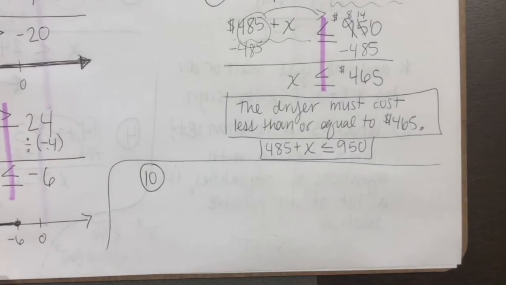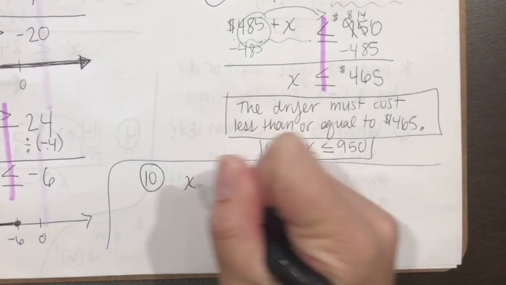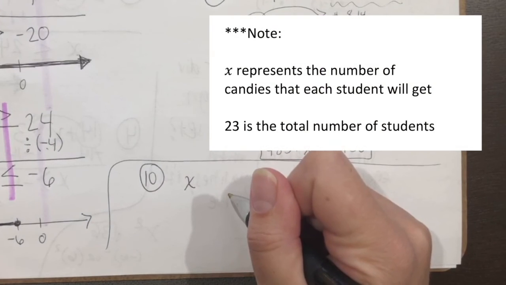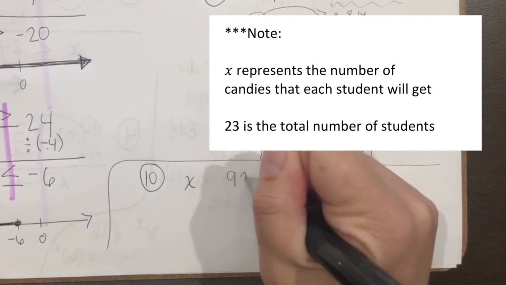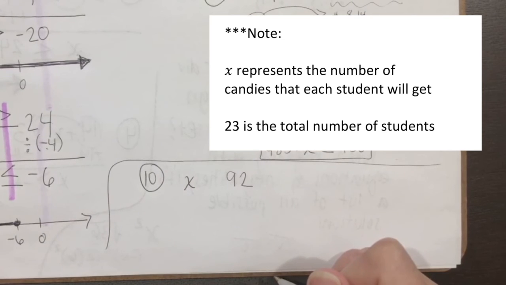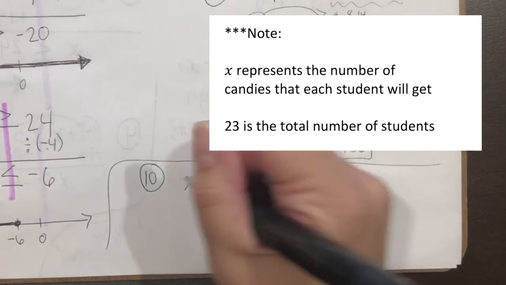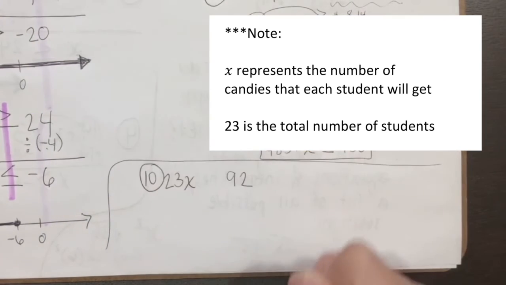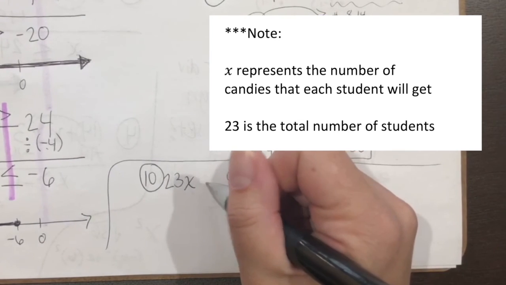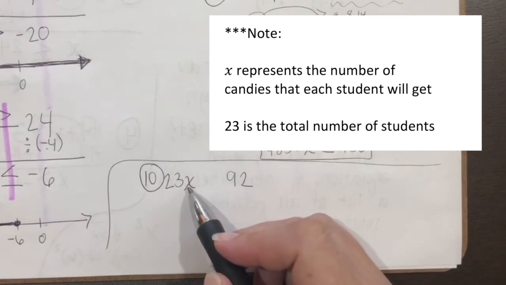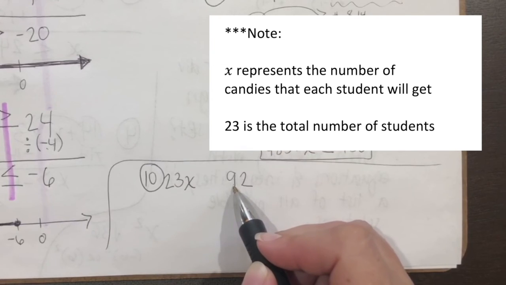So let's do that. X will represent the students, and we'll have 92 pieces of candy on the other side. Oh, and it's 23 students. So it's going to be a maximum of 92.